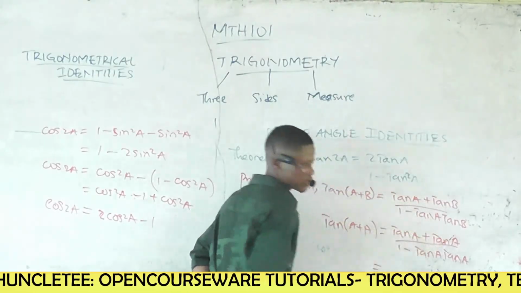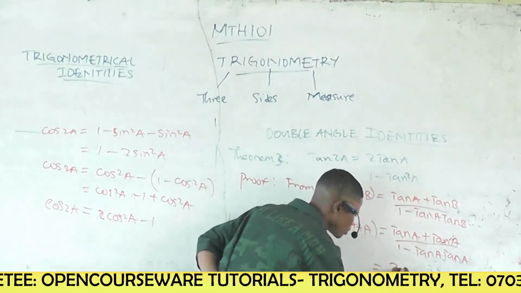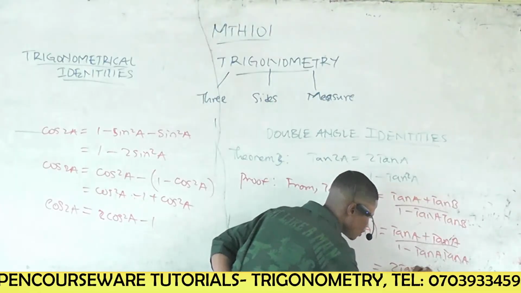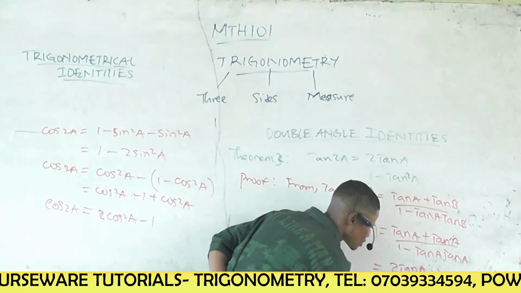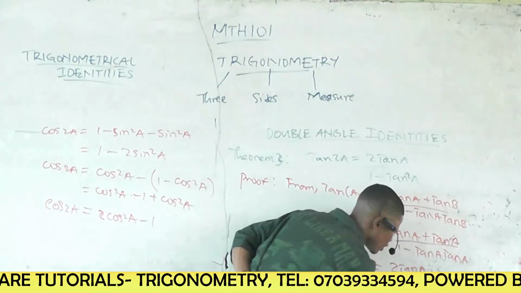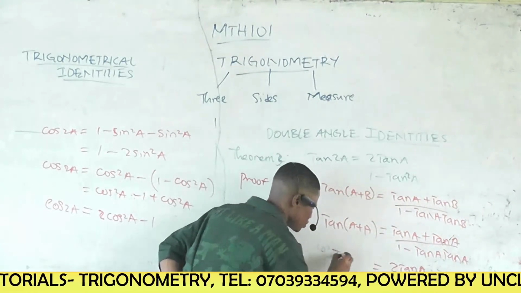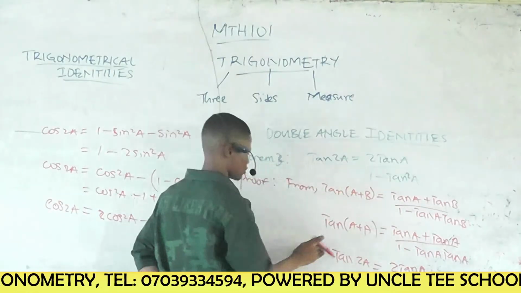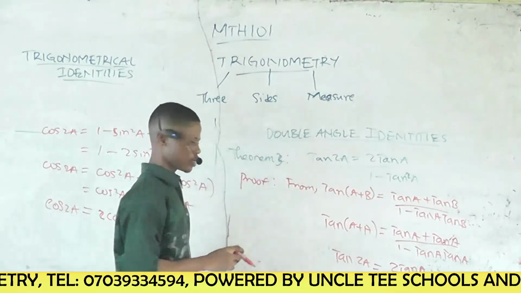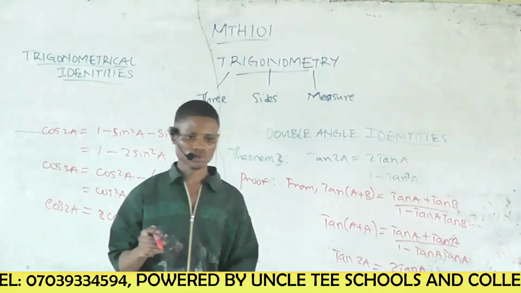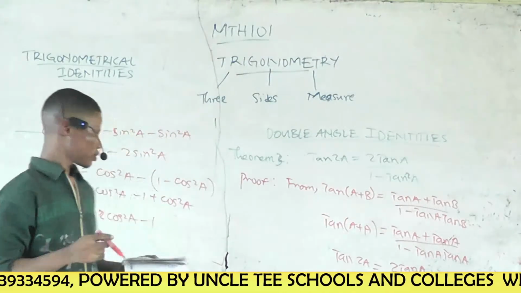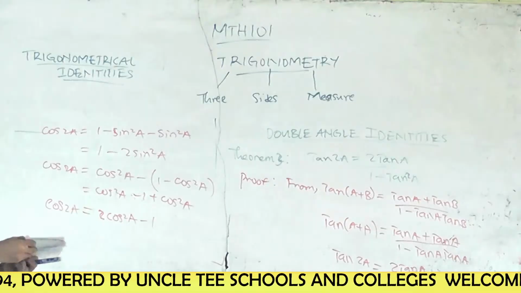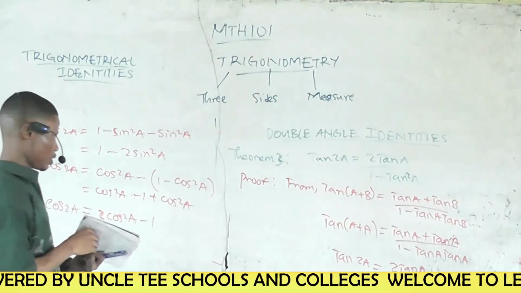Tan A plus tan A will give you 2 tan A over 1 minus tan square A. So it is proved that tan 2A is equal to 2 tan A over 1 minus tan square A.